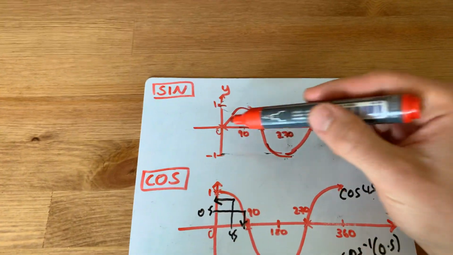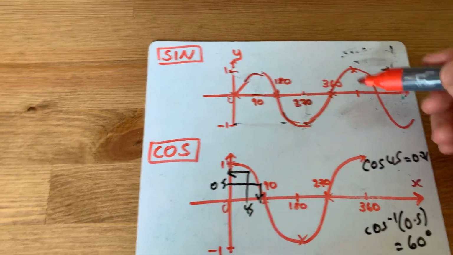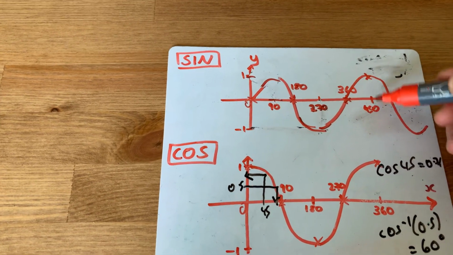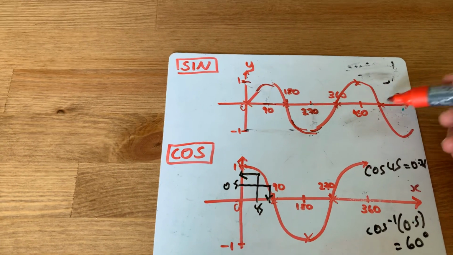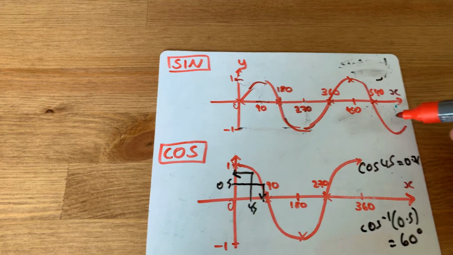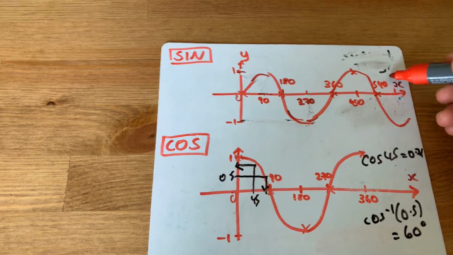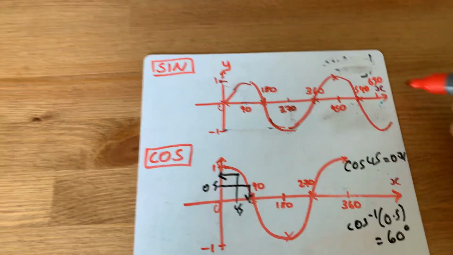Now, let's just think about this as 90-degree intervals. So this point here, 90 plus 360, will be 450, and this point here, you've guessed it, will be 1. This point here, another 90-degree interval, will be 450 plus 90, so that's going to be 540. Down here, this will now be 630. And if it did make it back up, I've slightly run out of room, it would be 720.